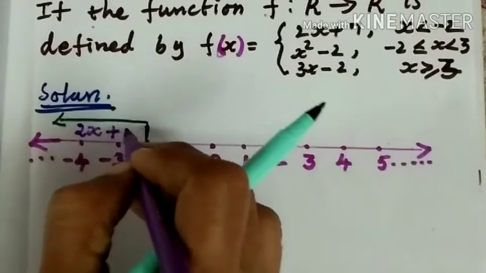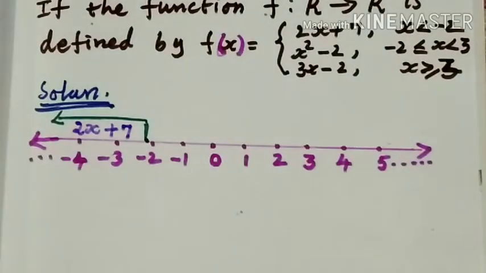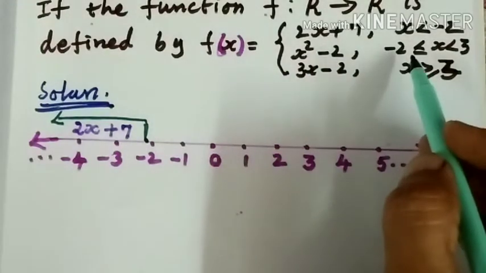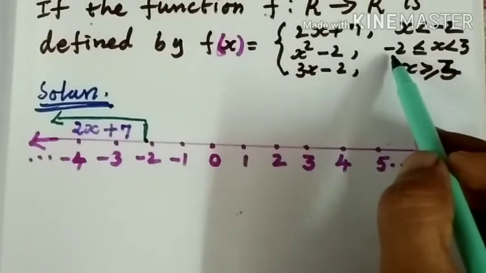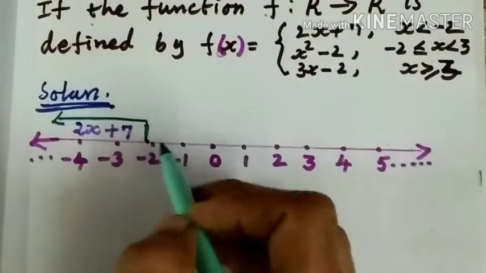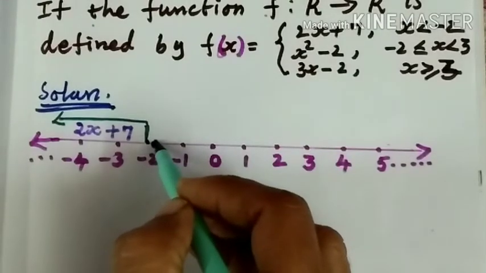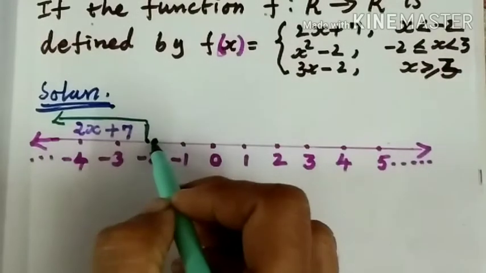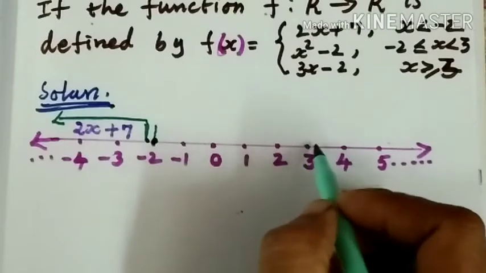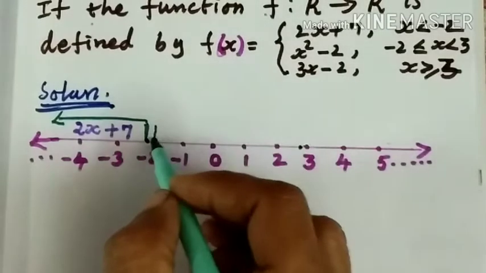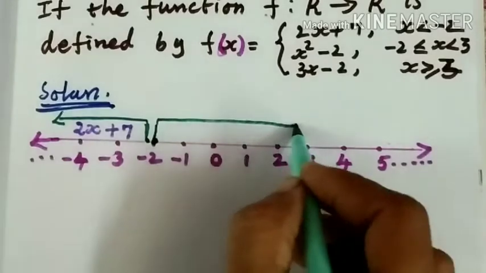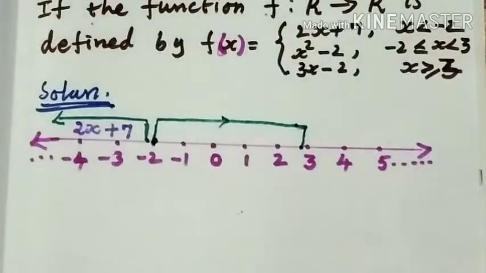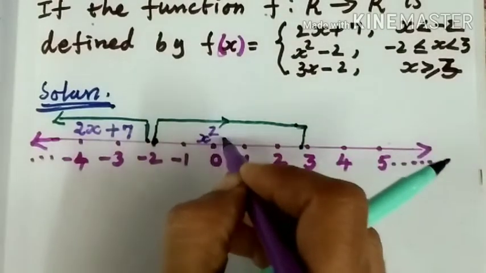2x plus 7. Then the next function x squared minus 2, here x belongs to minus 2 less than or equal to x less than 3, you start from the number minus 2 and end before the number 3. This line indicates the function x squared minus 2.